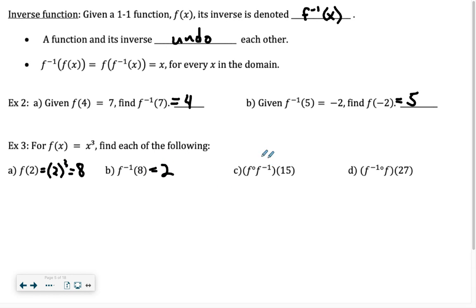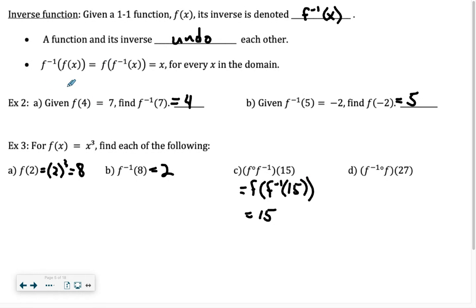Now these last two, f of f inverse, remember this notation just means f of f inverse like this. We just said that a function composed with its inverse undo each other. They cancel everything out. So this would be just equal to 15.